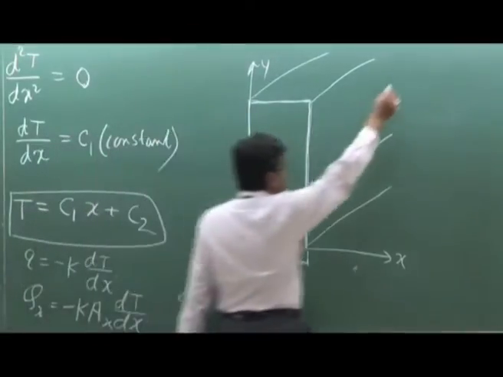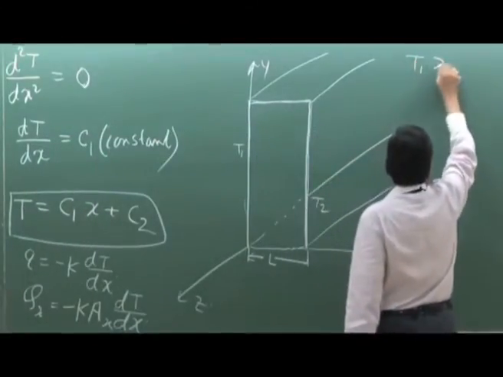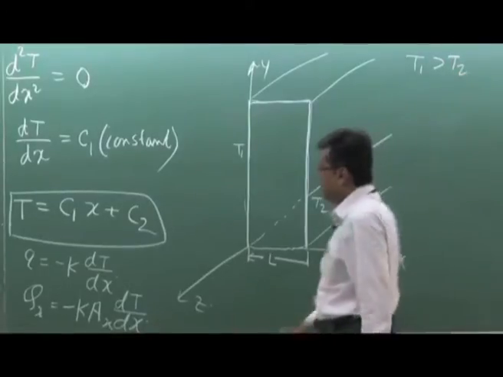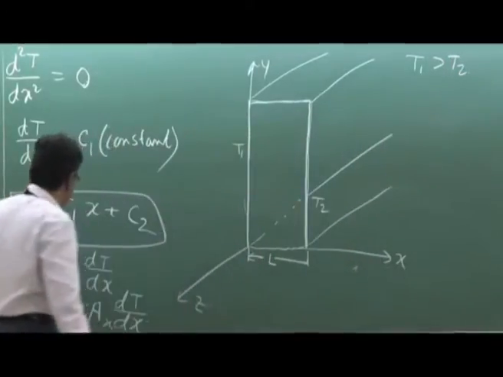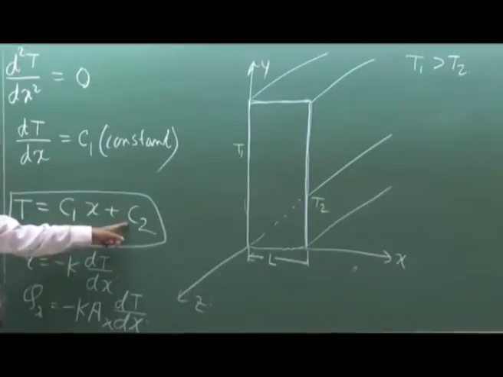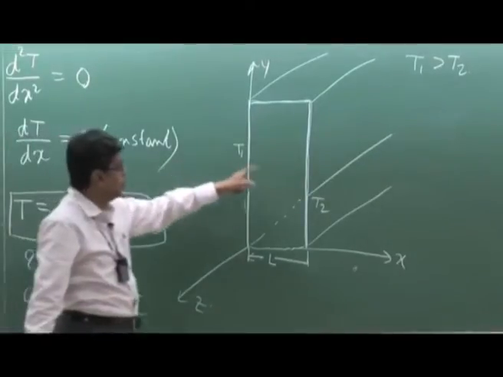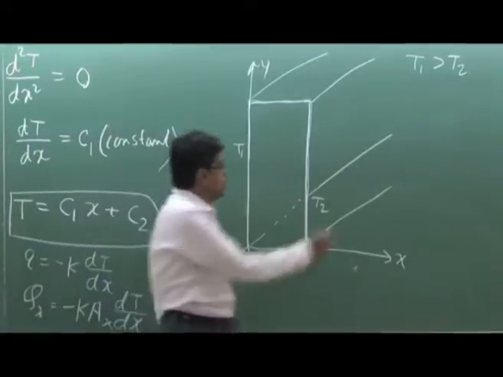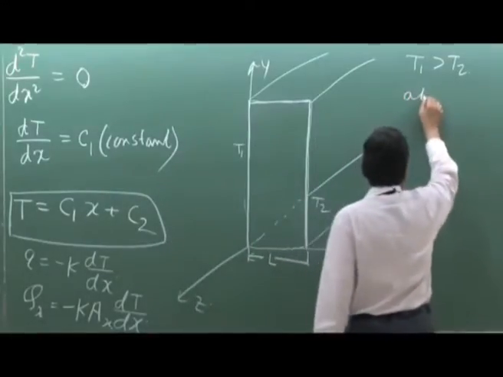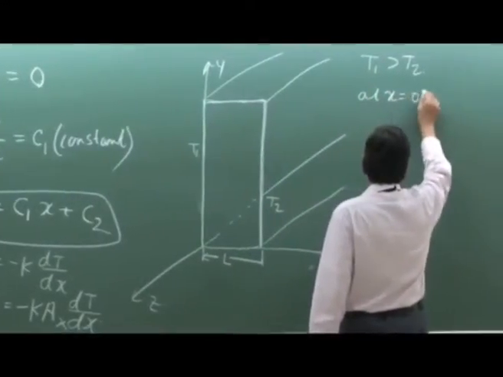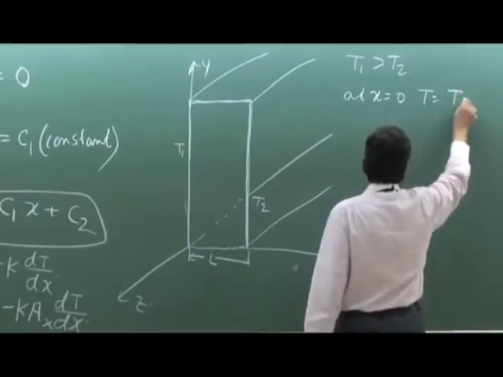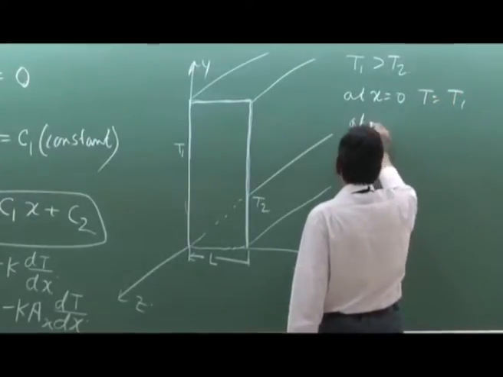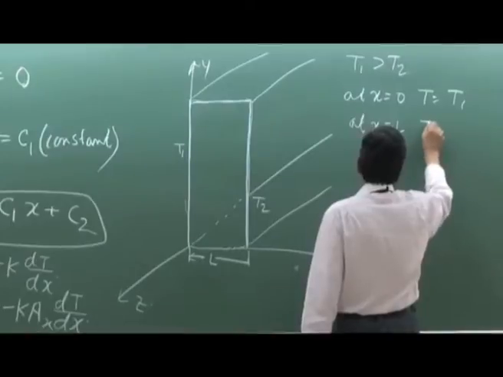with T1 greater than T2. Then if we solve this equation, the two constants C1 and C2 will be found from these two boundary conditions, which is very simple: at x equal to 0, T is equal to T1, and at x equal to L, T is equal to T2.